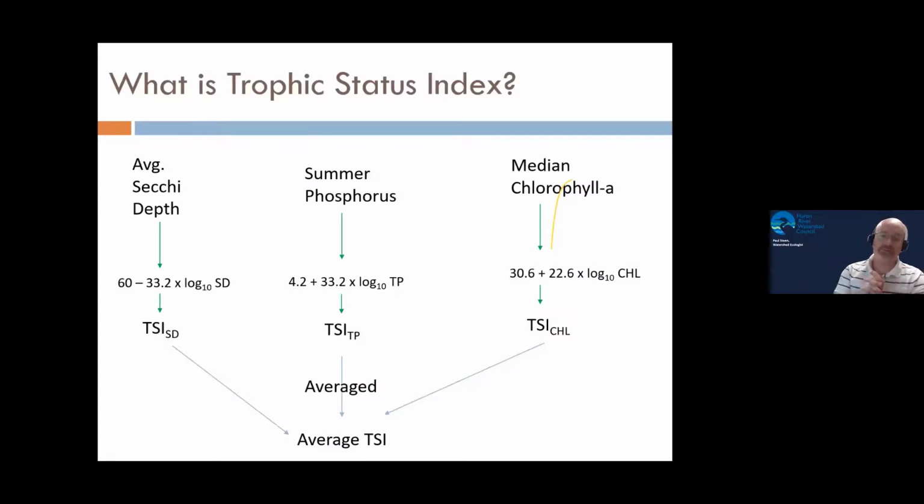What these equations that you see in front of you do is basically convert all those numbers so that they can go on the same scale. And then you'll end up with a number that ranges for a normal lake somewhere between like a 25 and up to about 70 at the worst. So it's a way to put all of those 3 parameters in a comparison so that you can look at them all at the same time.